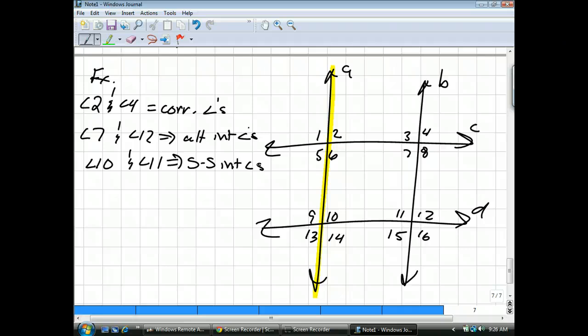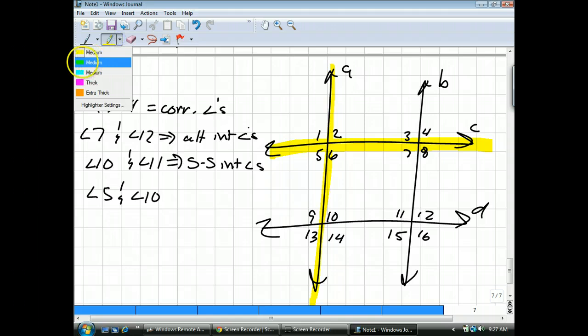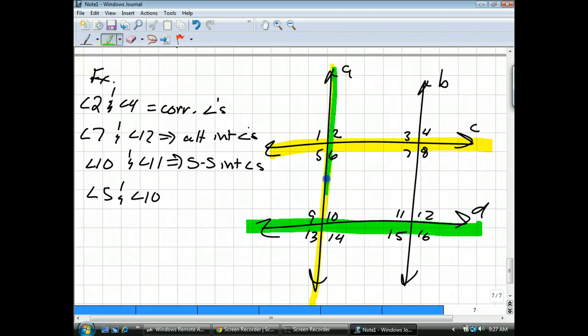All right, how about angle 5 and angle 10? Okay, so angle 5 is formed by this line and this line. Angle 10 is formed by this line and this line.